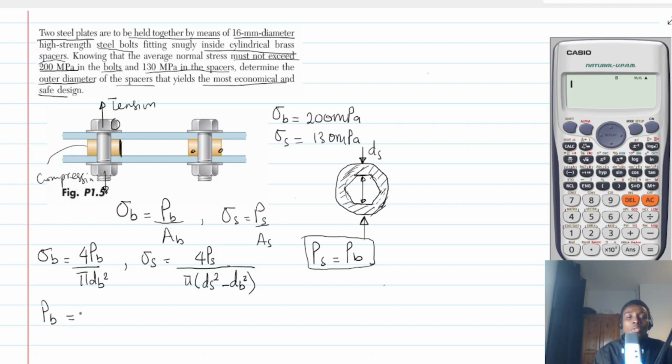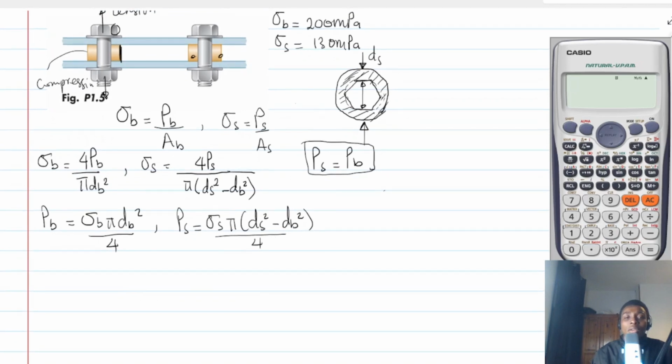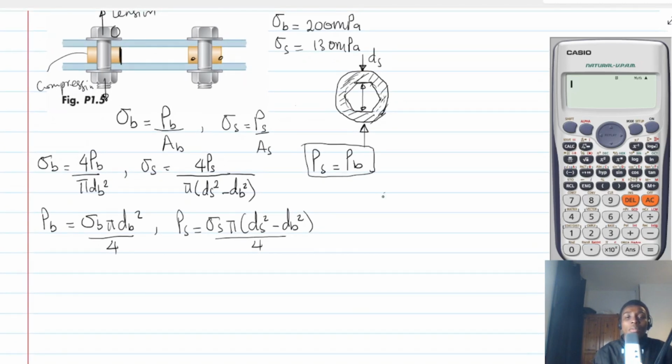So PB is going to be sigma b pi dB squared, divided by 4. If I make PS the subject, it's going to be sigma s pi dS squared minus dB squared, divided by 4. For static equilibrium, these must be the same.